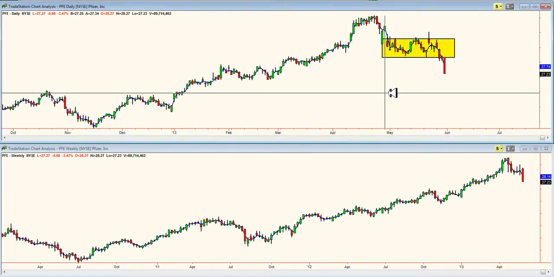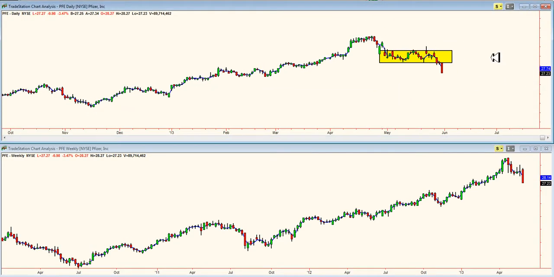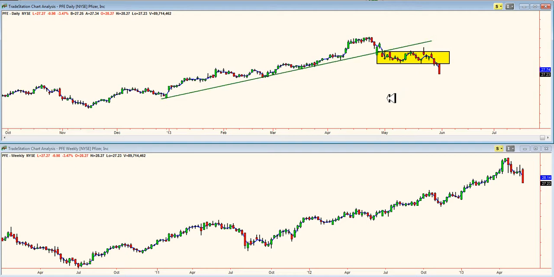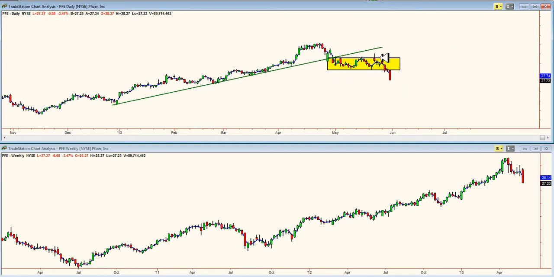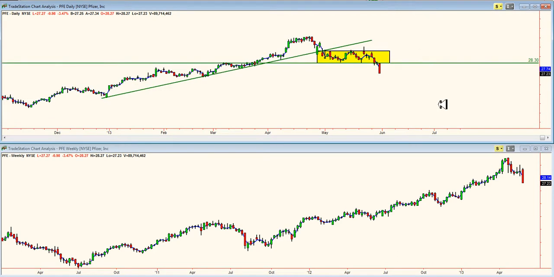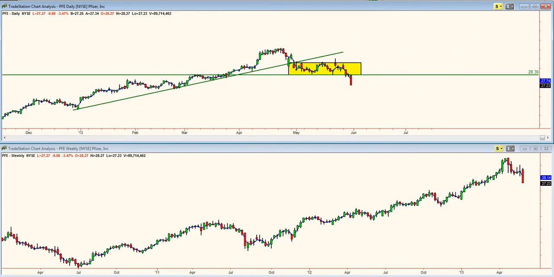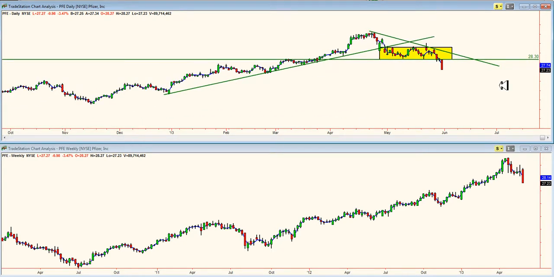PFE, what's PFE doing? Uptrend line has been broken. Support and resistance lines clearly established. What is PFE doing? Breaking that line and also reversing the trend.